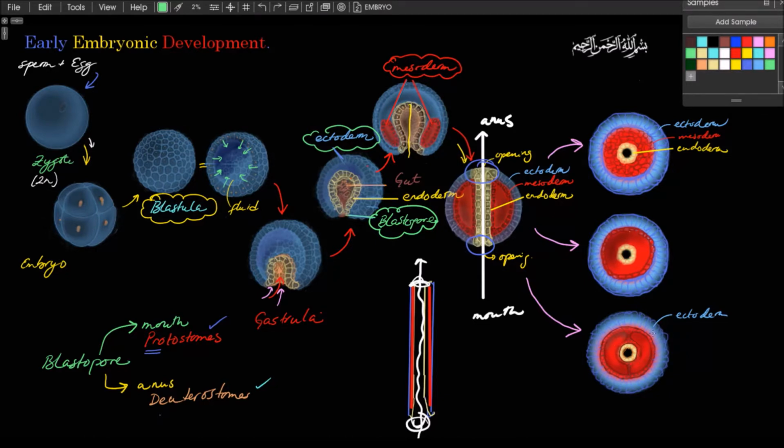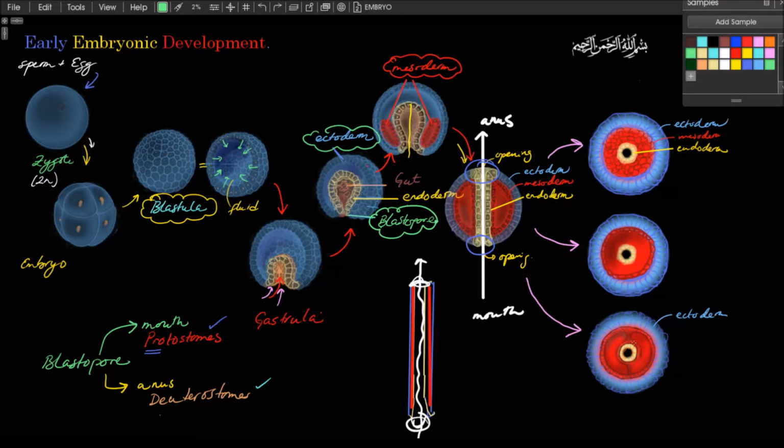Now that's very important because this fluid-filled cavity allows for organs to develop and grow inside of the organism. Now in the first scenario here, there's no such cavity, which limits the growth of the internal organs. Here the problem is it's difficult for nutrients to get across. It might be easier to develop organs, but it's difficult for nutrients to get across.